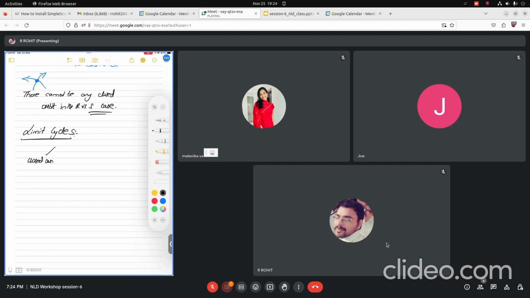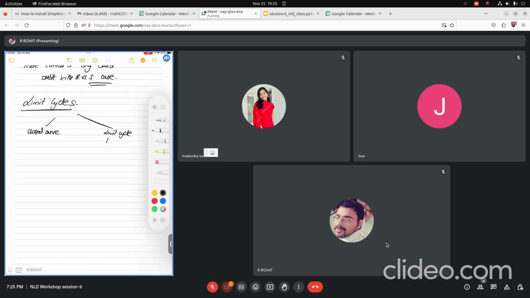The definition is: a limit cycle is an isolated closed trajectory. This is very important. It should be an isolated closed trajectory.